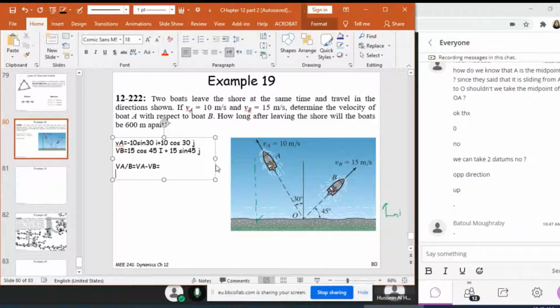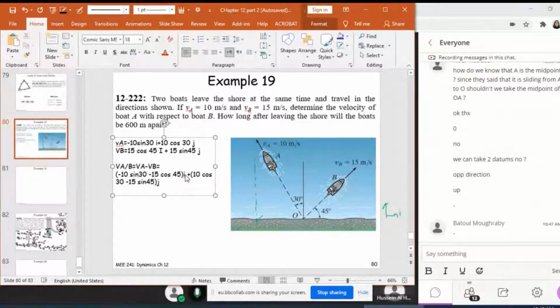And this will be equal to minus 10 sine 30 minus 15 cosine 45, all in I, plus 10 cosine 30 minus 15 sine 45, and the whole is in J.